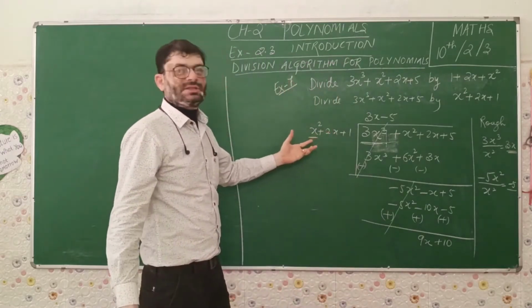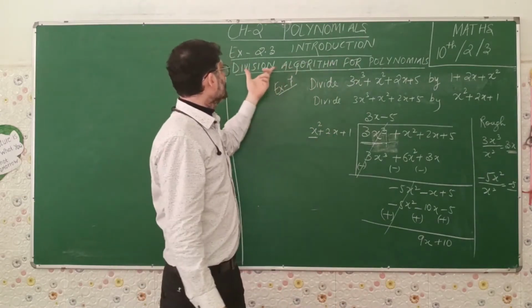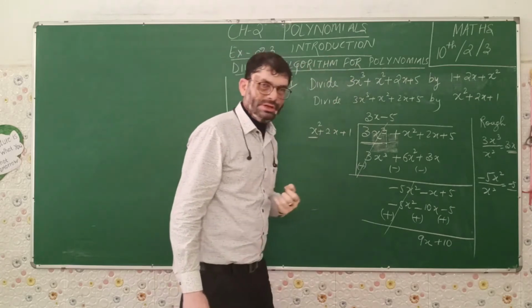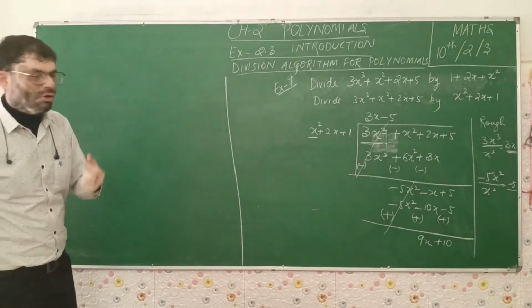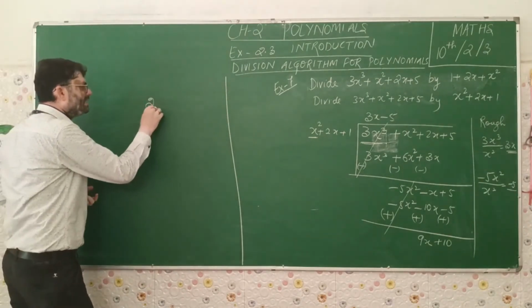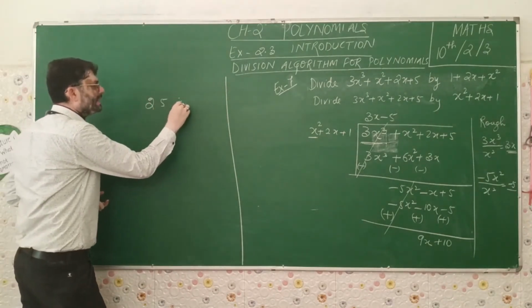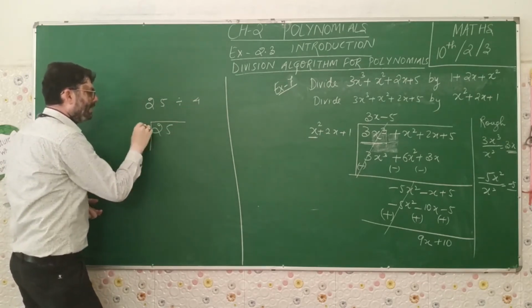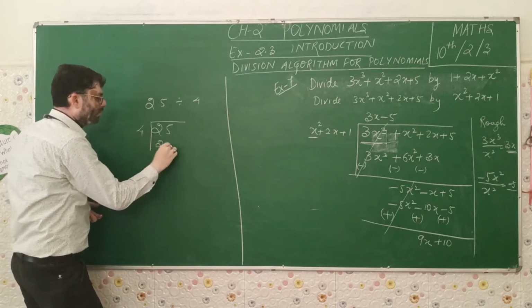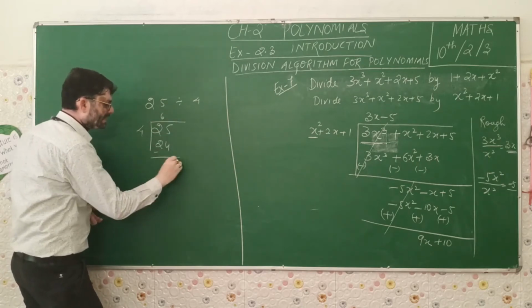How to compare this to get into our division algorithm for polynomials? Let us move on to another example, a simple division that we had gone through. Suppose we divide 25 divided by 4. So when we were dividing 25 by 4, this was 24, 6 subtracted 1.